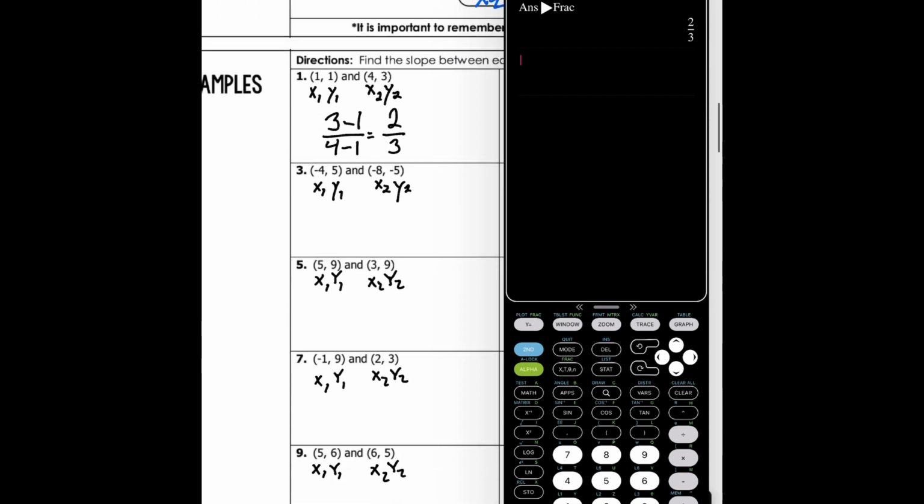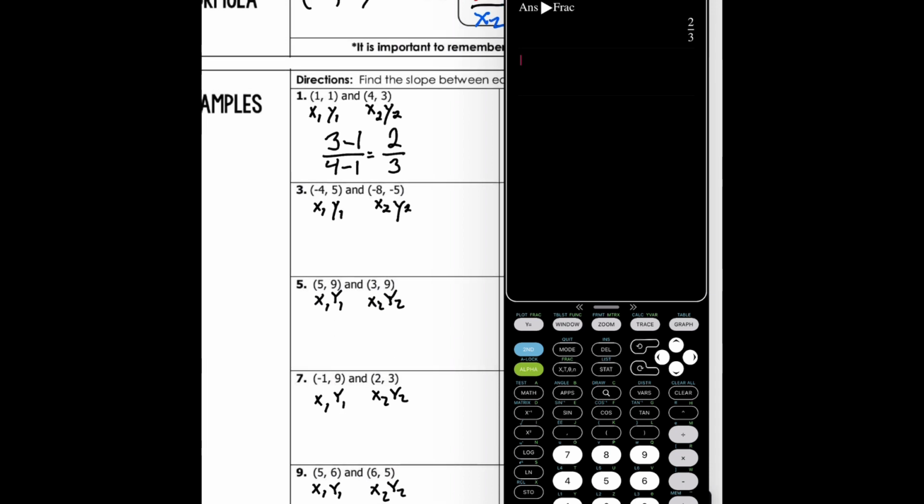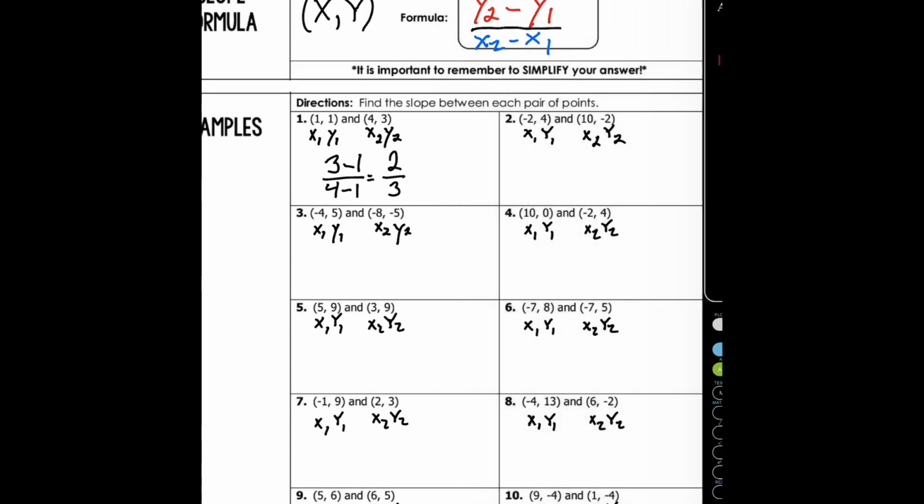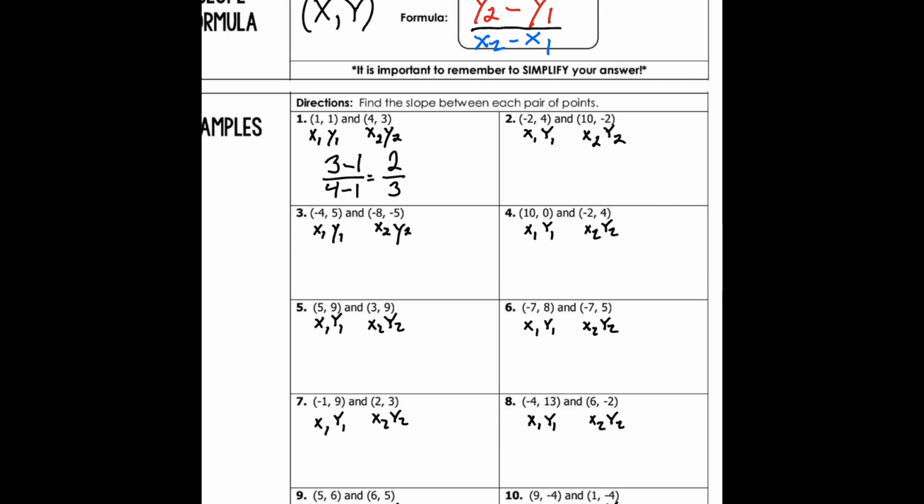And that's really it. We're just plugging our numbers into our formula. All right, we have our formula at the top, and we just plug our numbers in. We've already labeled them, so we can start going quickly. So I'm going to just write out all of my formulas, and then I'll go back and enter them into the calculators.